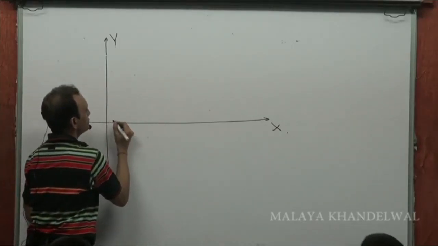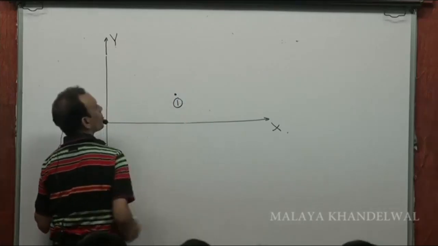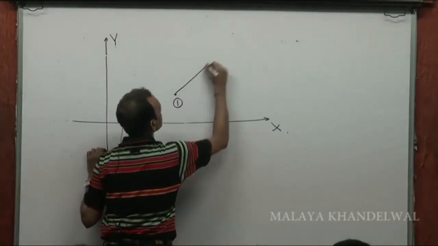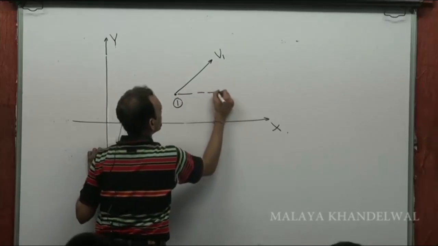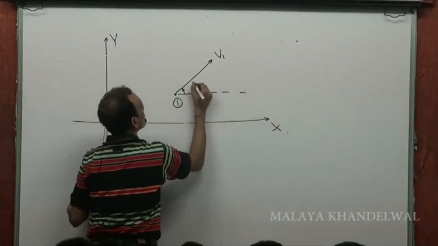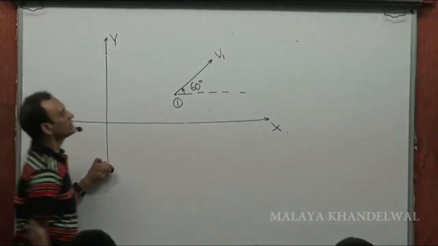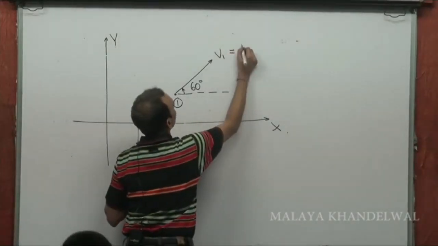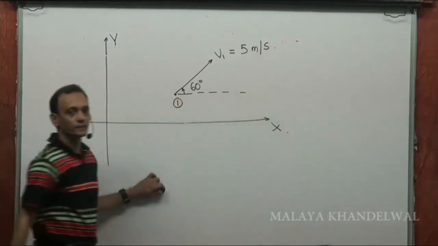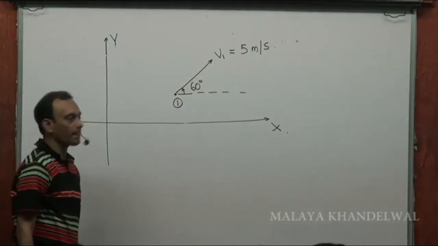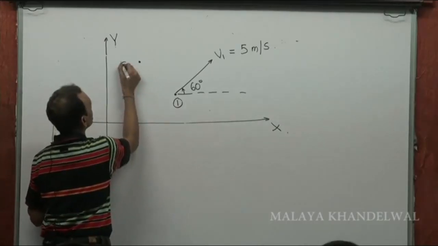Suppose there is a particle 1, it has a velocity v1 that makes an angle 60 degrees with the positive direction of the x-axis. Say v1 is 5 meters per second. Right? And there is a particle 2 somewhere here.